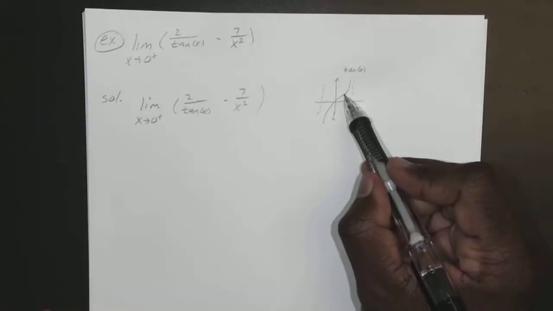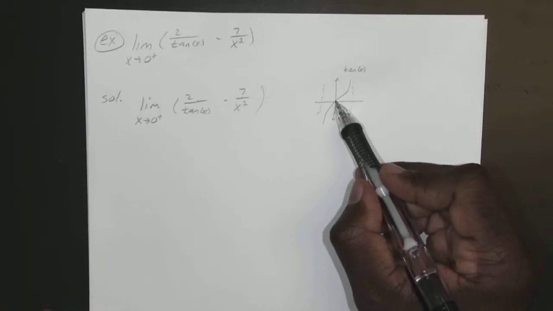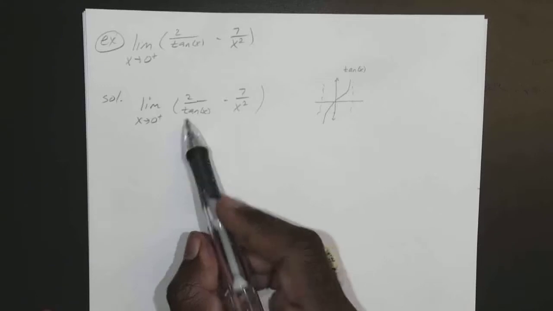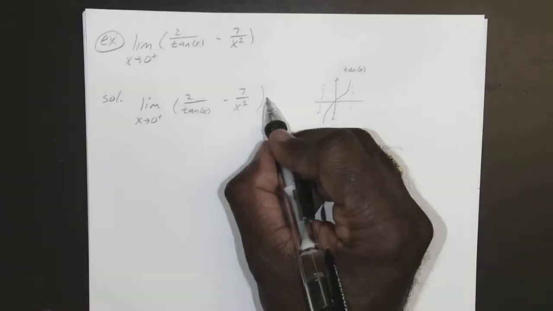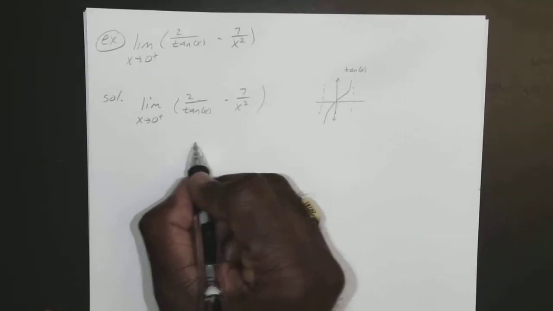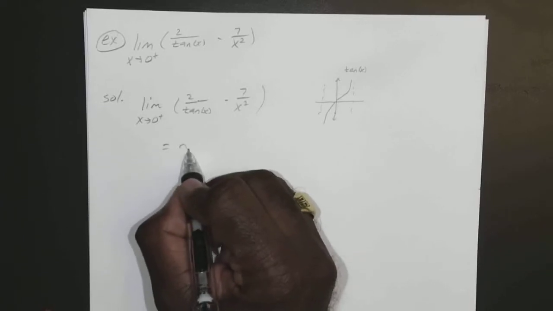So as you're approaching 0, this number is getting smaller and smaller. So 2 divided by a really, really small number, that's going to equal infinity. So it's just getting closer and closer to 0.